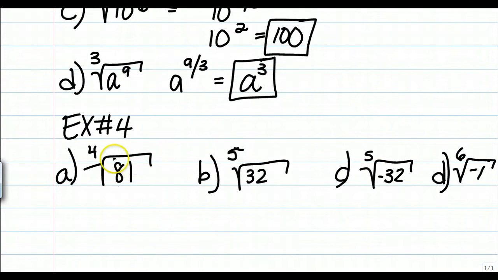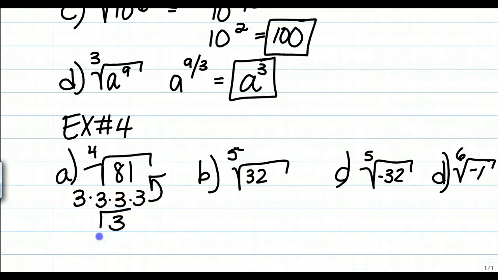You want to ask yourself, what four numbers multiplied out give me 81? Well, 3 times 3 times 3 times 3 is 81. So your answer is just 3 for A. B, you have to find what 5 numbers multiplied together give you 32, and that's 2 to the 5th power is 32.